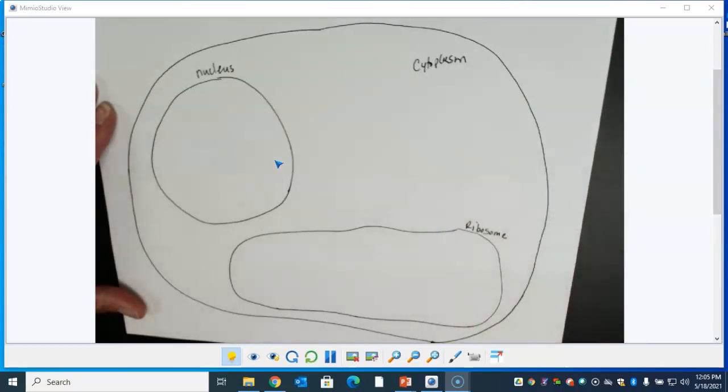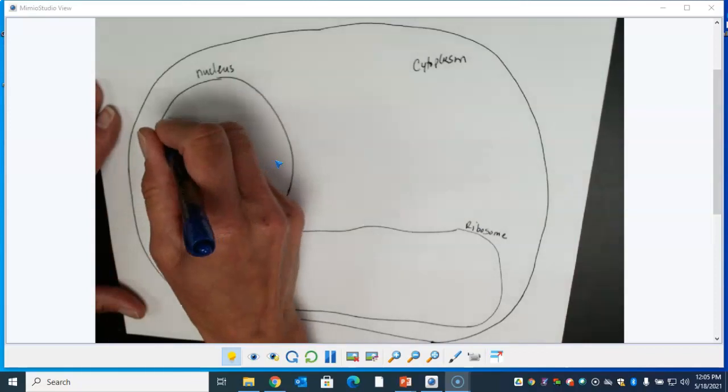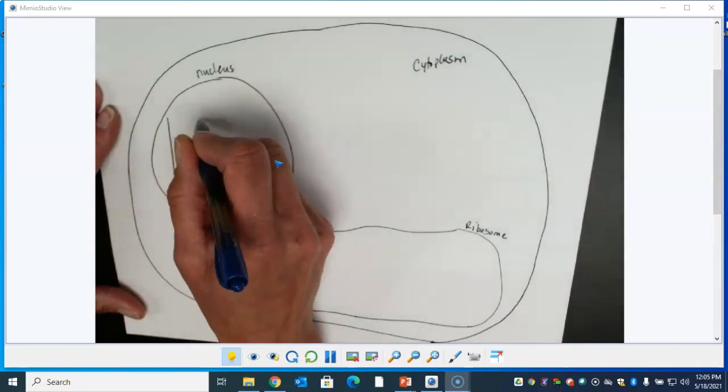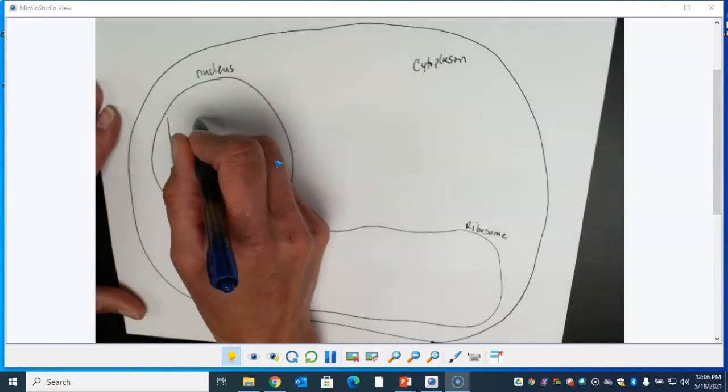Okay. So our first step, transcription, occurs inside of the nucleus. The first thing that happens is we have our DNA molecule, that looks like this.